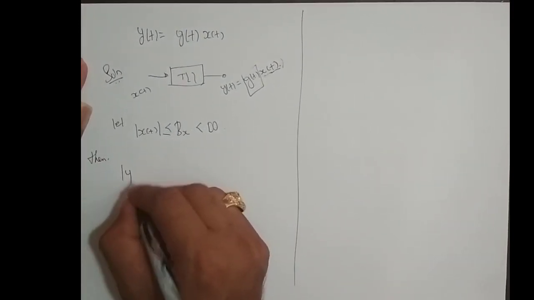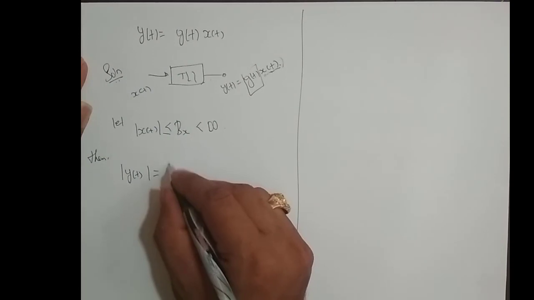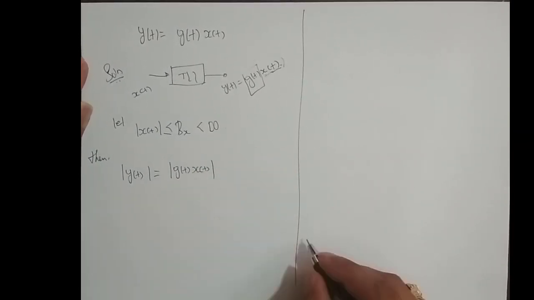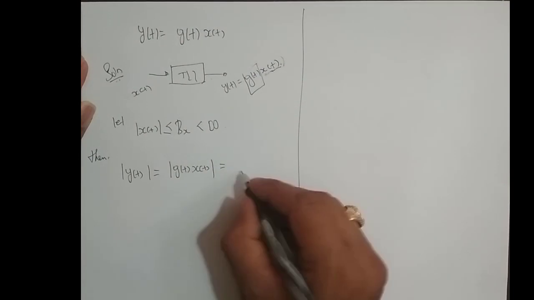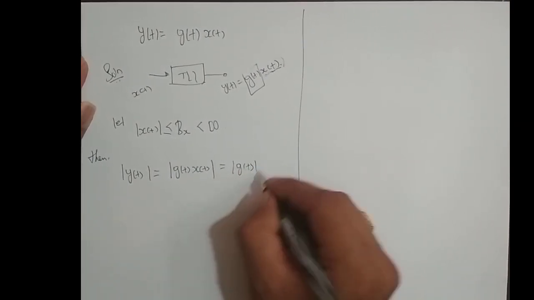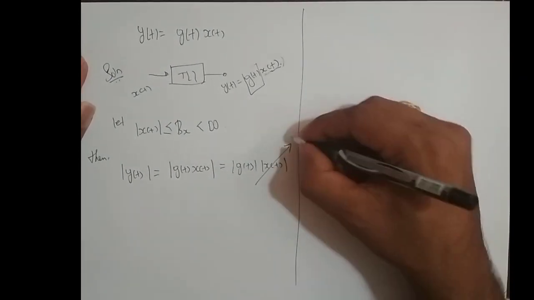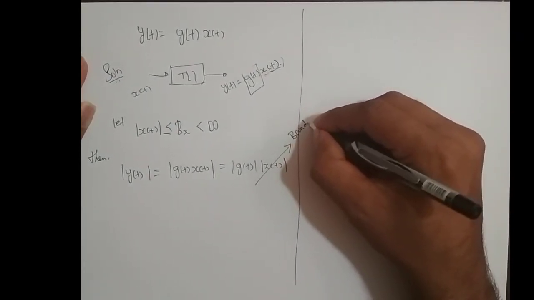Then magnitude of y of t is equal to magnitude of g of t into x of t. Okay, so shall I split it up, magnitude of g of t into magnitude of x of t, right? Anyhow, magnitude of x of t is bounded.